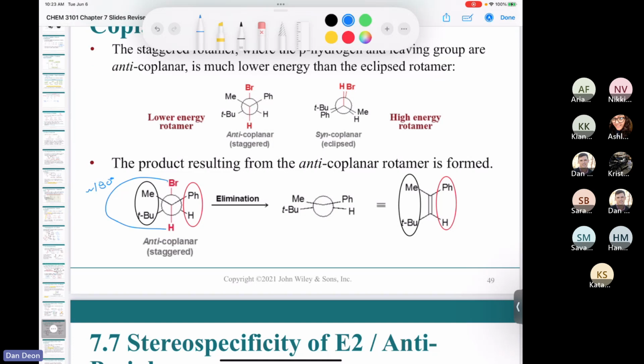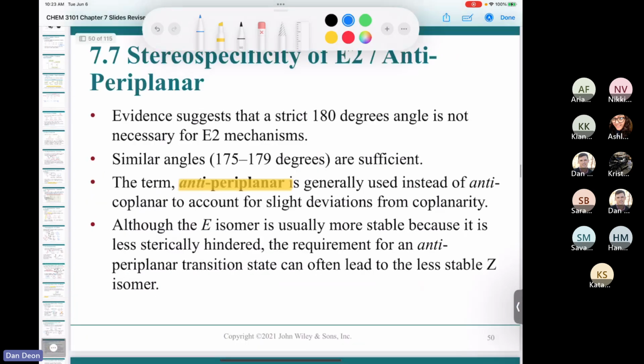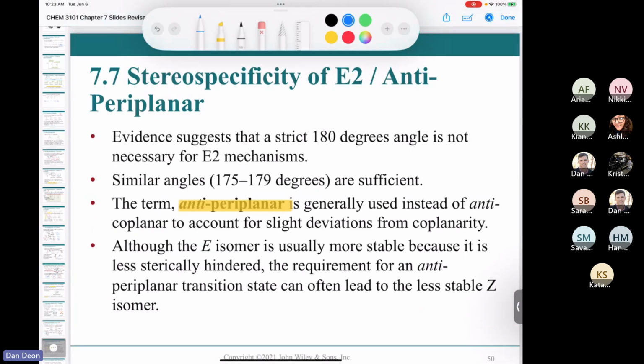So we don't say that they're coplanar, we say they're periplanar because it's close. It just means they're close to being coplanar. And so again, the hydrogen and the bromine, the correct word is they have to be anti-periplanar. They have to be in the same plane, but they have to be anti to each other. It doesn't have to be exactly 180 degrees, but it should be close to 180 degrees. All right, that's all it's saying.